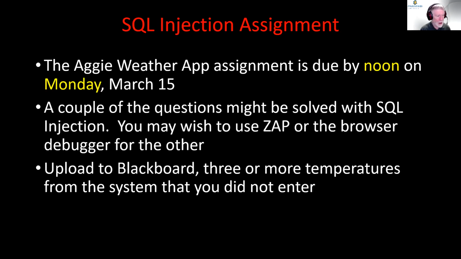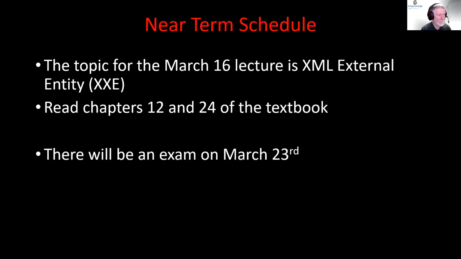At least not easily. Okay, so I'll know if you got the first part and the second part done. The third part, just get some data and give me a couple of those temperatures that aren't yours and put them on Blackboard. Just copy and paste them into a text file or into Blackboard and show me what you got. So I know that you did it. That's fine.